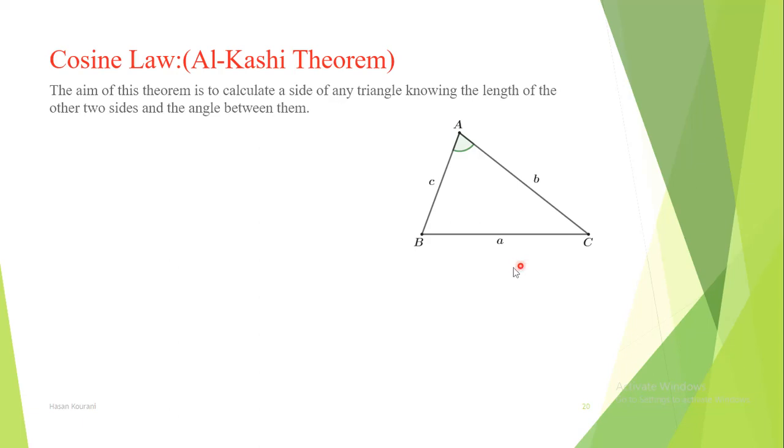This is any triangle, as we have said. And we are going to use cosine law to calculate, let's say, the side BC, which is symbolized by A. We should have the length of AB and AC and also the geometric angle between them.